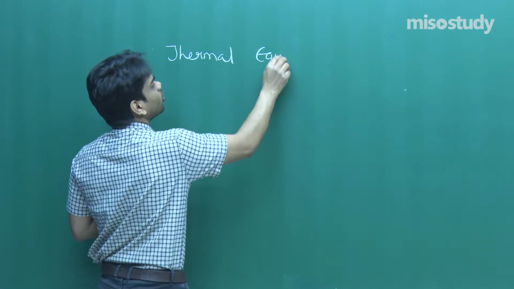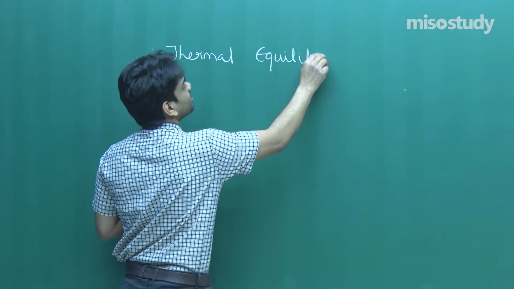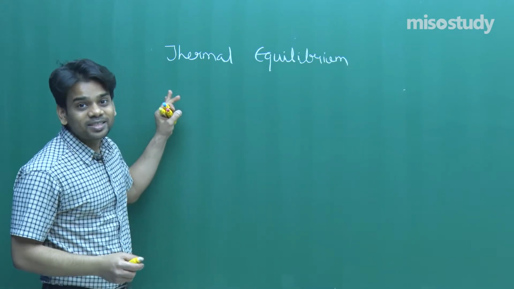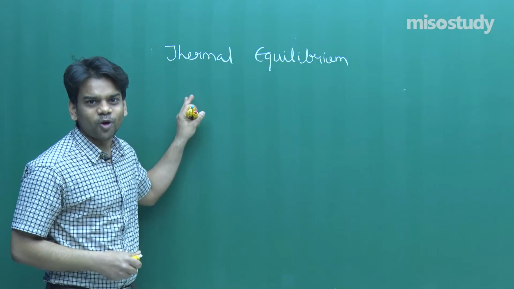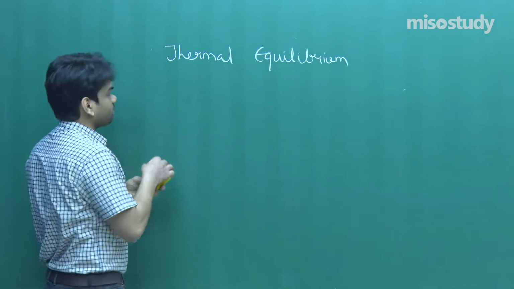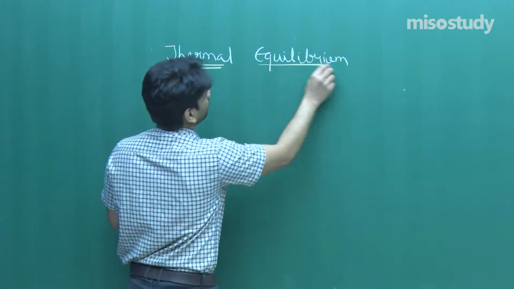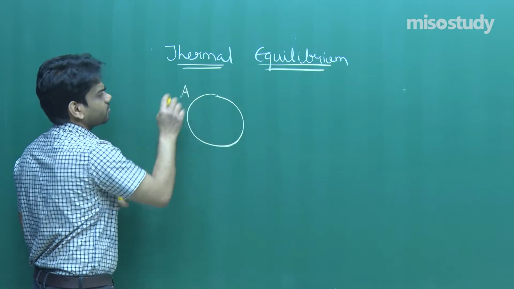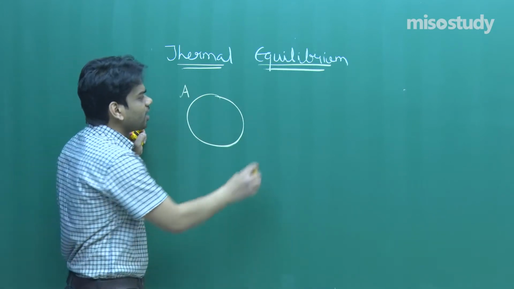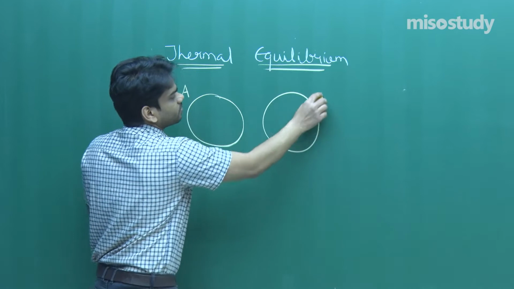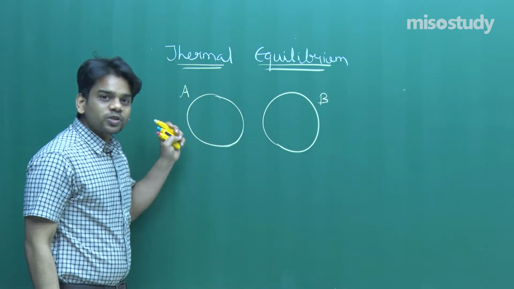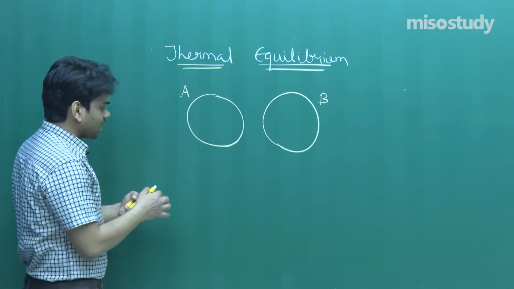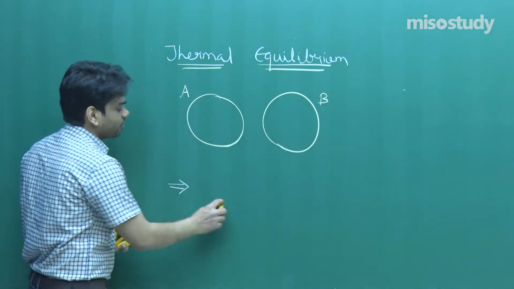Now, in thermal equilibrium, as the name says, equilibrium, thermal equilibrium, that means temperature will be somewhere involved. Suppose I take a body, let us say body A. Now, if I take another body B, and I bring both the bodies in contact with each other such that they are in touch and can interact with each other.